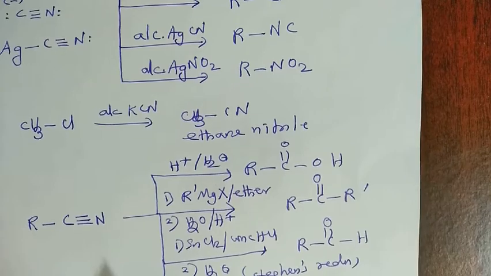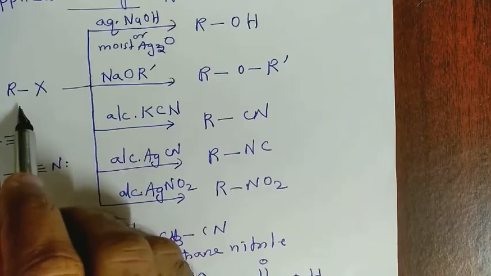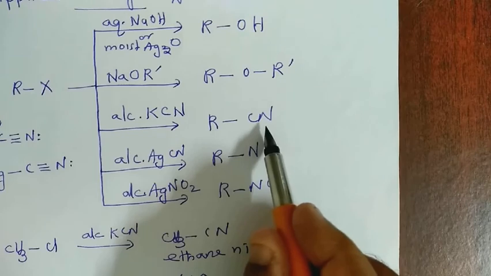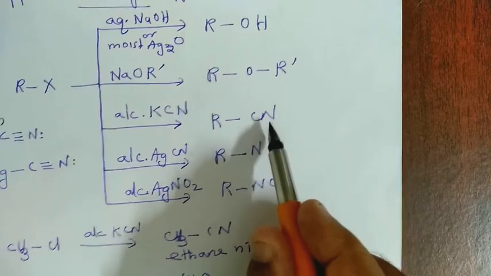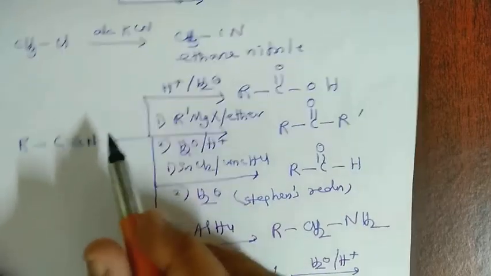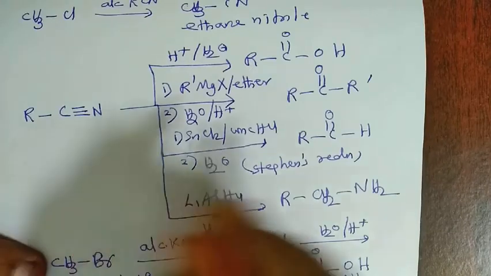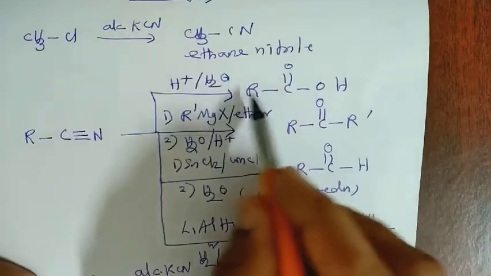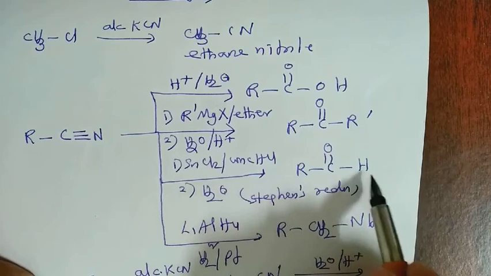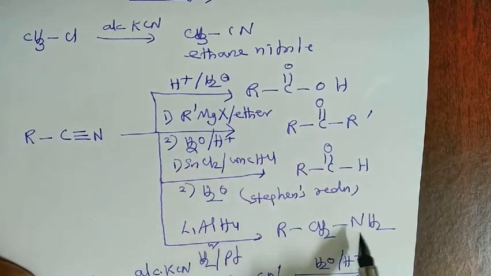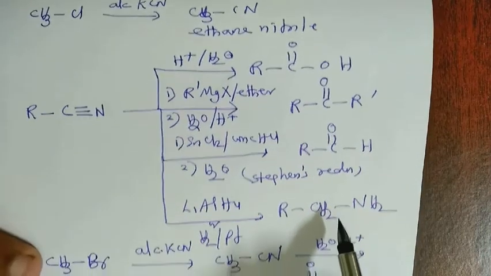Hence, conversion of alkyl halide into alkyl cyanide has a large number of applications. Cyanides can be converted into carboxylic acid, aldehyde, ketone, primary amine, etc.